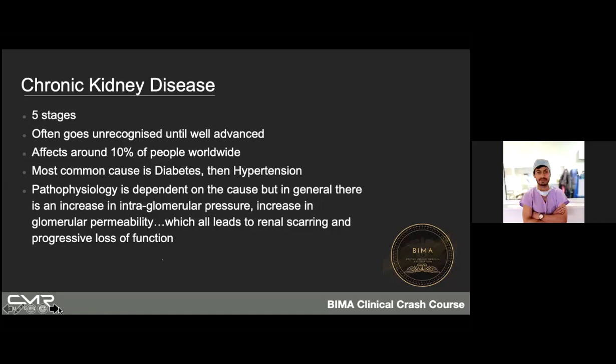Pathophysiology is highly dependent on the cause, because if you've got diabetes, then you'll have a lot of glycosylation of the glomerular membrane, and all those crescents and things like that going on pathologically. But in general, you would have an increase in intraglomerular pressure.